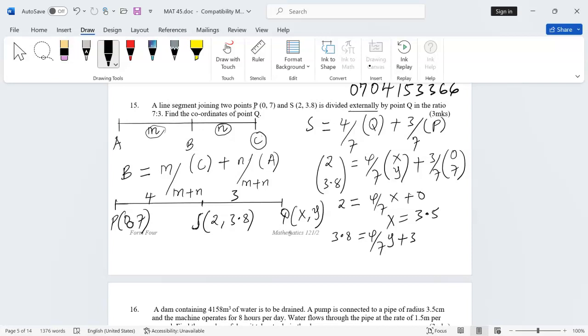So when we take 3 to the other side, it becomes 0.8. Yes, 3.8 minus 3 is 0.8. Then to remain with Y, we have to multiply by 7 out of 4. And this will exactly give us the value of Y as 1.4. So now we can write the coordinates of Q as (3.5, 1.4). So these are the coordinates of Q.